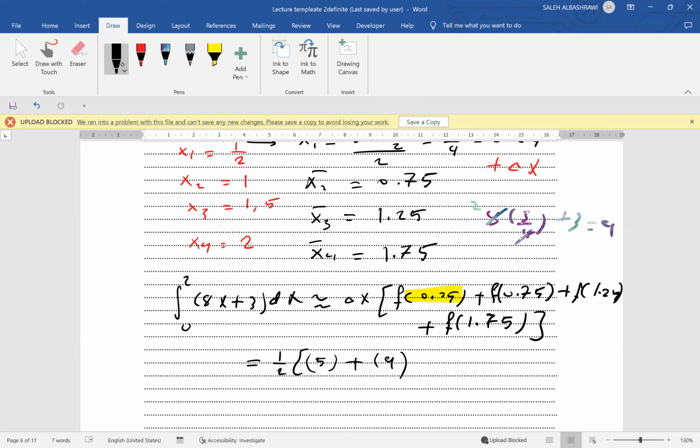Next one, 1.25, that is 5/4 times 8, which is 10, plus 3 is equal to 13. Next one, 1.75, will be equal to 17.